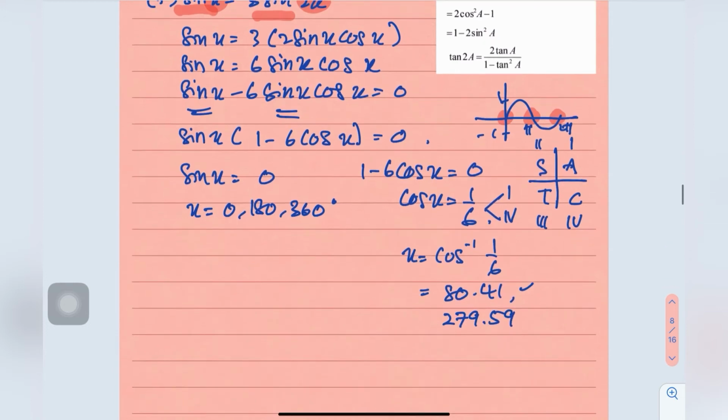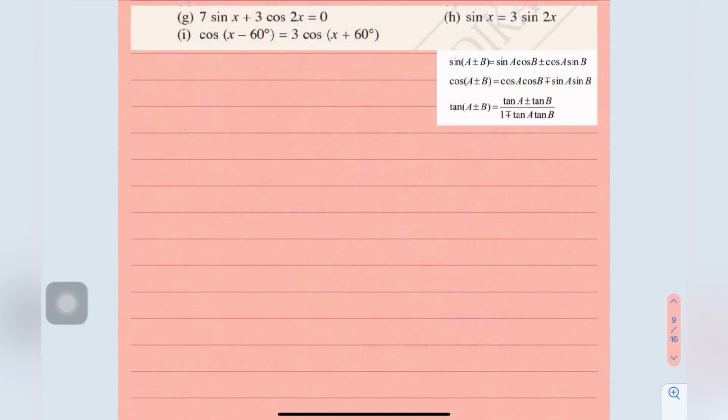Therefore we conclude x is, rearranged, 0, 80.41, 180, 279.59, and 360.